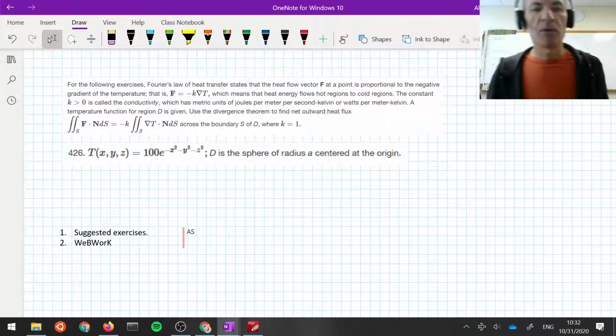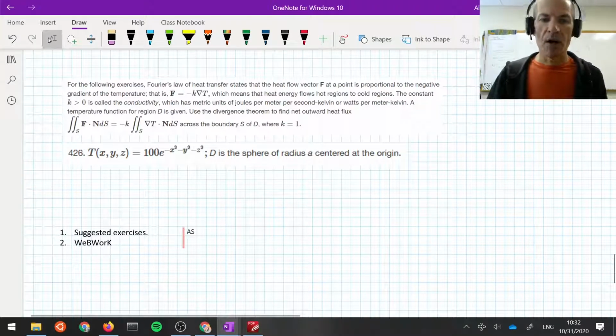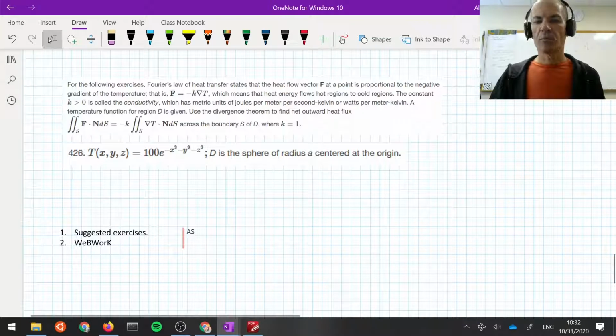This leads us to a really simple law, Fourier's law, and the vector field of heat flow is just proportional to the negative of the gradient of the temperature function, give or take. So heat energy flows from hot regions to cold regions.